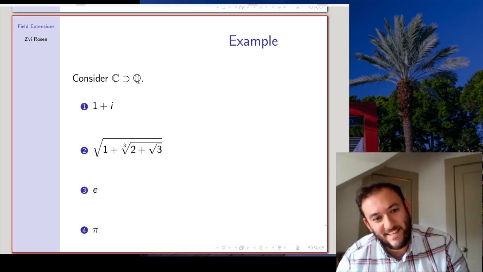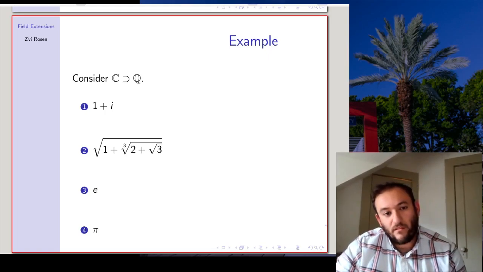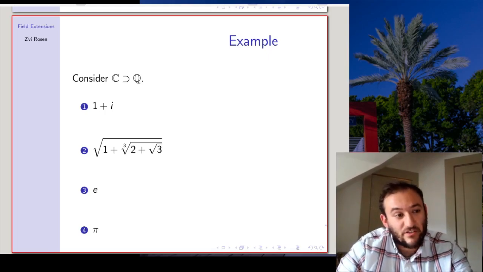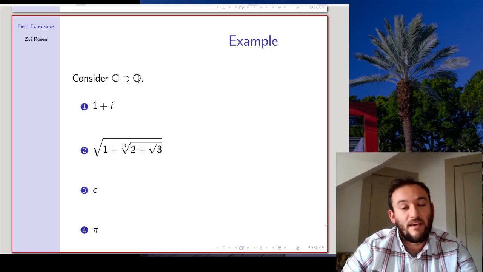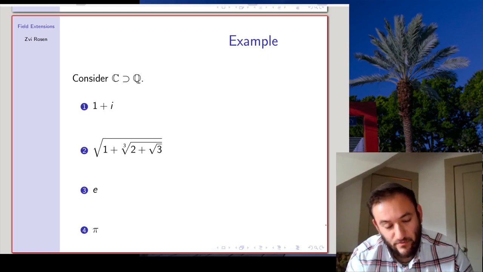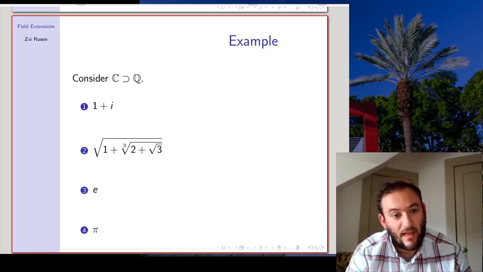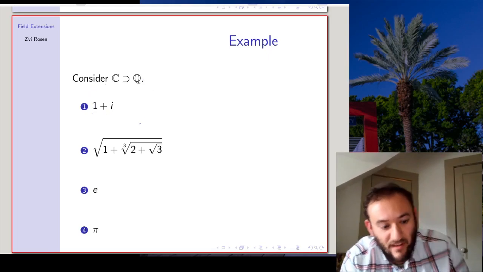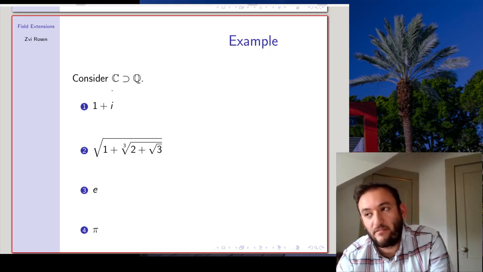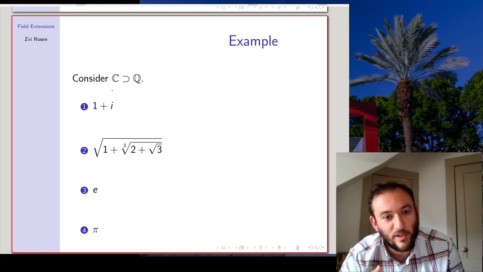Okay, now we can get to the example that I wanted to mention. We're considering the field of complex numbers as an extension over the rational numbers. We can look at specific elements and see whether they are algebraic or transcendental. So the first example is 1 plus i. And knowing what we know about i, we know that squaring it often helps us make it look more real, right?